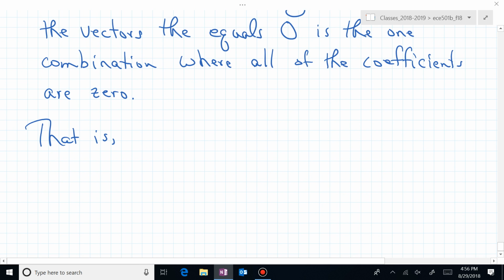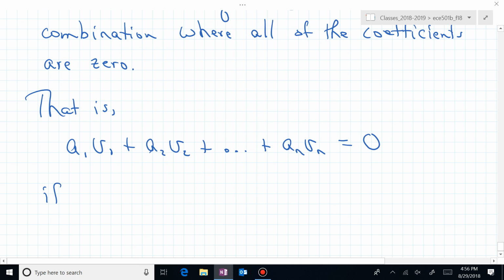Or that is a1 v1 plus a sub 2 v sub 2 plus a sub n v sub n equals 0 if and only if, or if that implies a1, a2 up to a sub n are all 0.